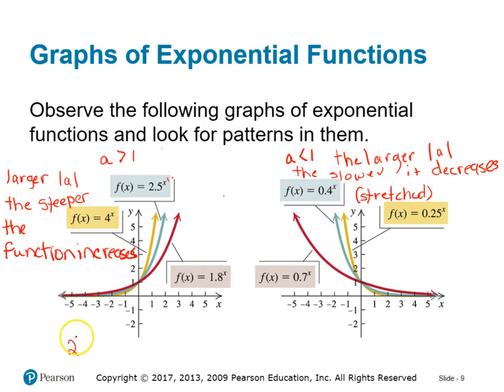So if we say, okay, we've got 1 COVID virus at time 0, right? And then we go an hour later, and now we've got 2 of them.